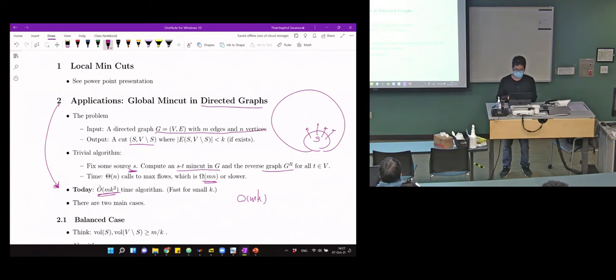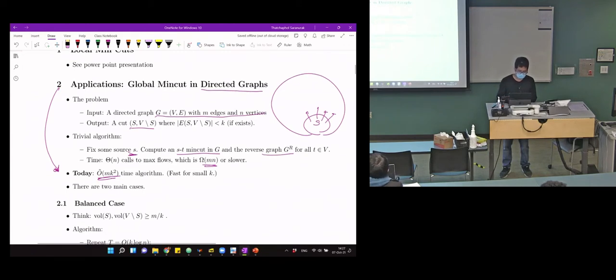It's much more complicated, but it's better. The nice thing about this algorithm is that it also works for vertex cut too. This is the best known if you talk about vertex cut. And even in the undirected graph, it's the best known too.